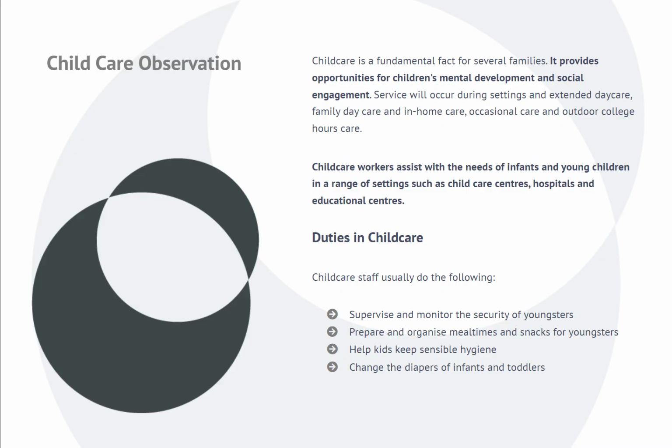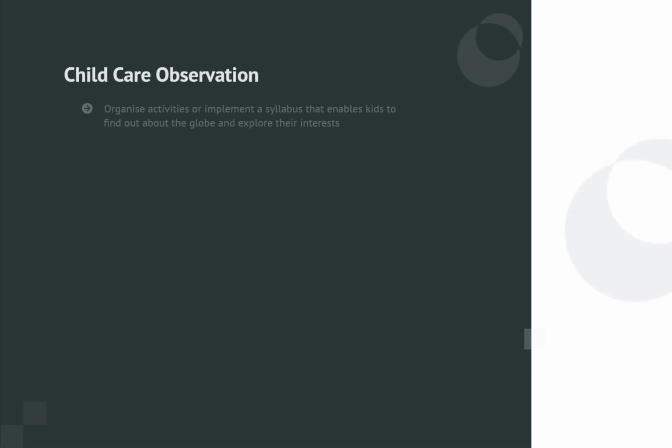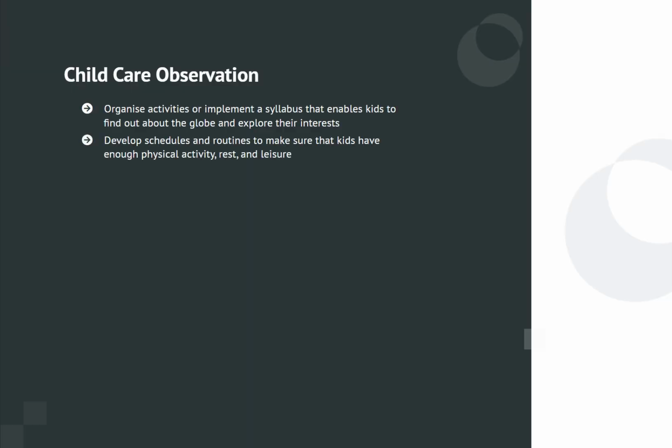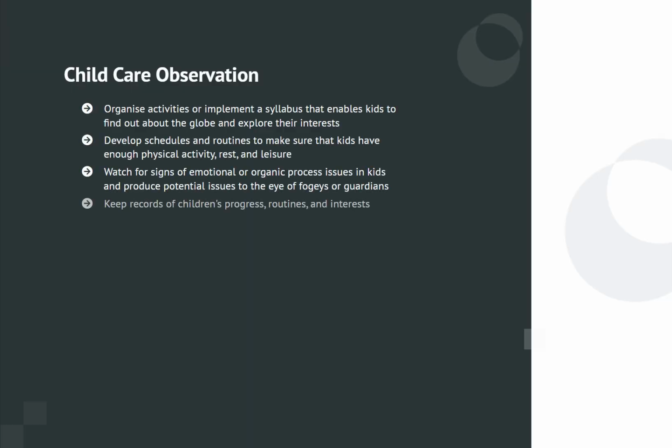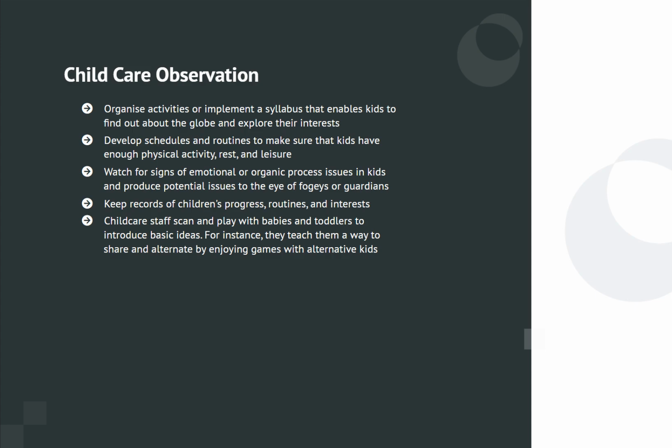Duties in childcare. Childcare staff usually do the following: supervise and monitor the safety of children, prepare and organize mealtimes and snacks for children, help kids keep good hygiene, change the diapers of infants and toddlers, organize activities or implement a syllabus that enables kids to find out about the world and explore their interests.